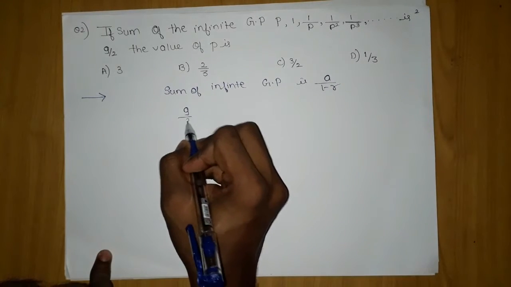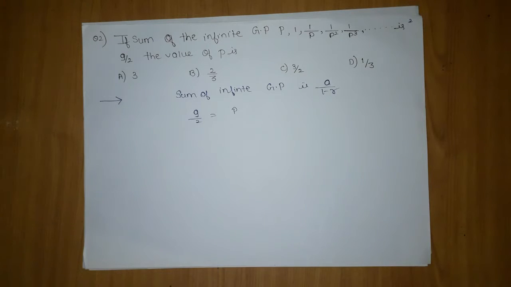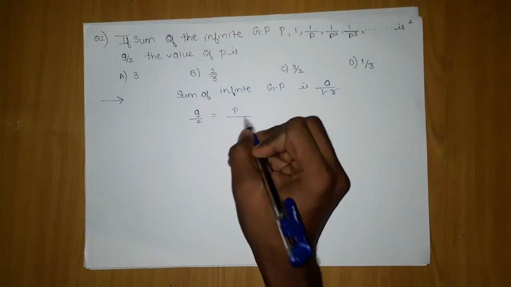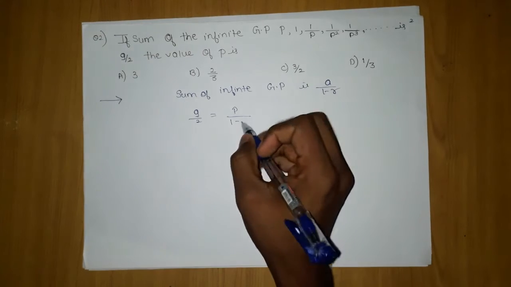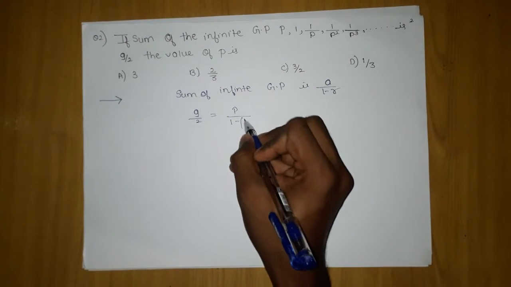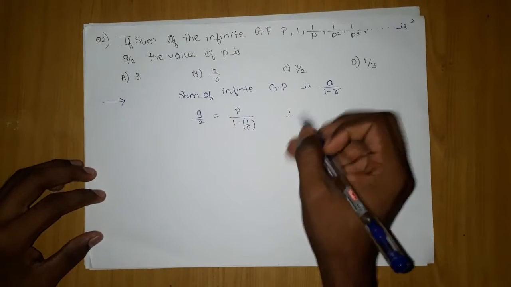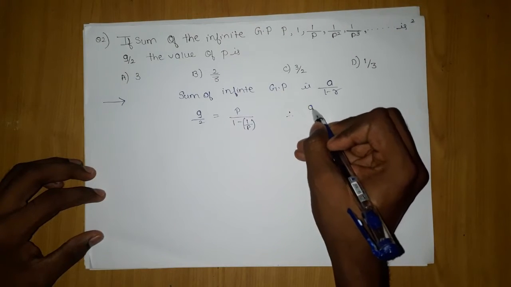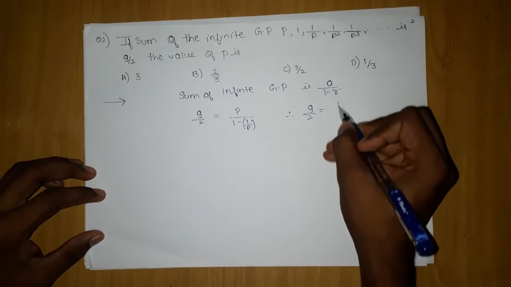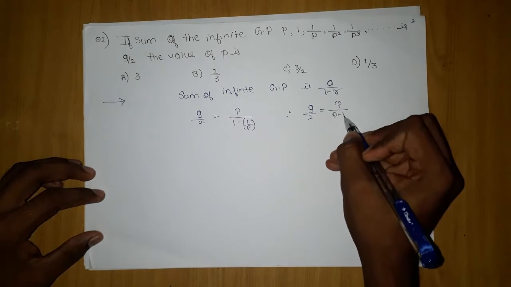Yes, it is 9 by 2. Do I know the first term? It is p. So my first term is p, and the common ratio is 1 by p. So from here this will become 9 by 2 equals p upon p minus 1 by p.